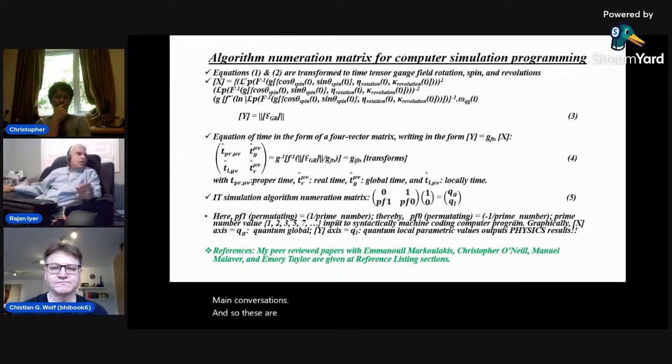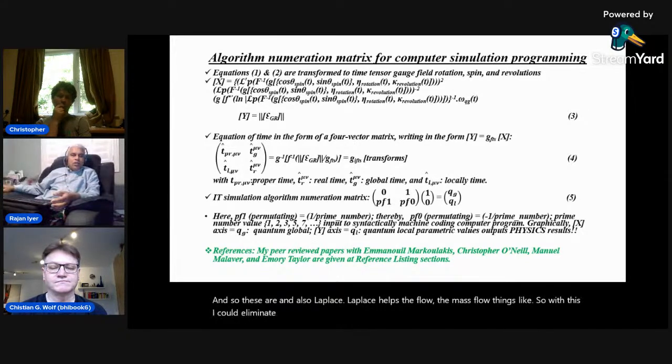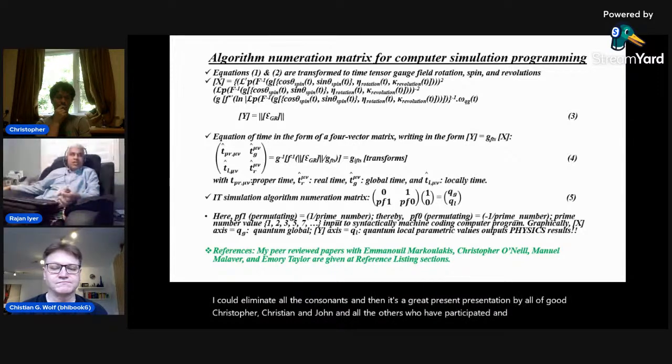And also Laplace. Laplace helps the flow, the mass flow, things like that. So with these, I could eliminate all the constants. And it's a great presentation by all of Gerd, Christopher, Christian, and John, and all the others who have participated, and Emmanuel especially.